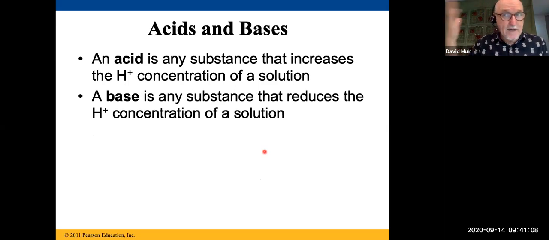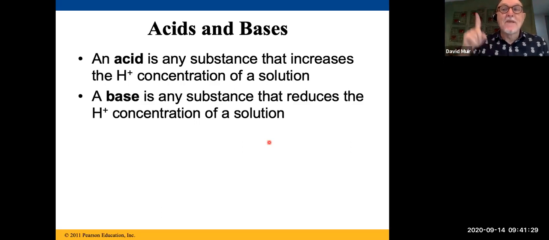Acids, easy to understand. That's like a familiar term. That is any substance which effectively increases the hydrogen ion, H plus, concentration of the solution. It, in fact, increases the hydronium ion because the hydrogen goes to the hydronium ion, but don't worry about that.